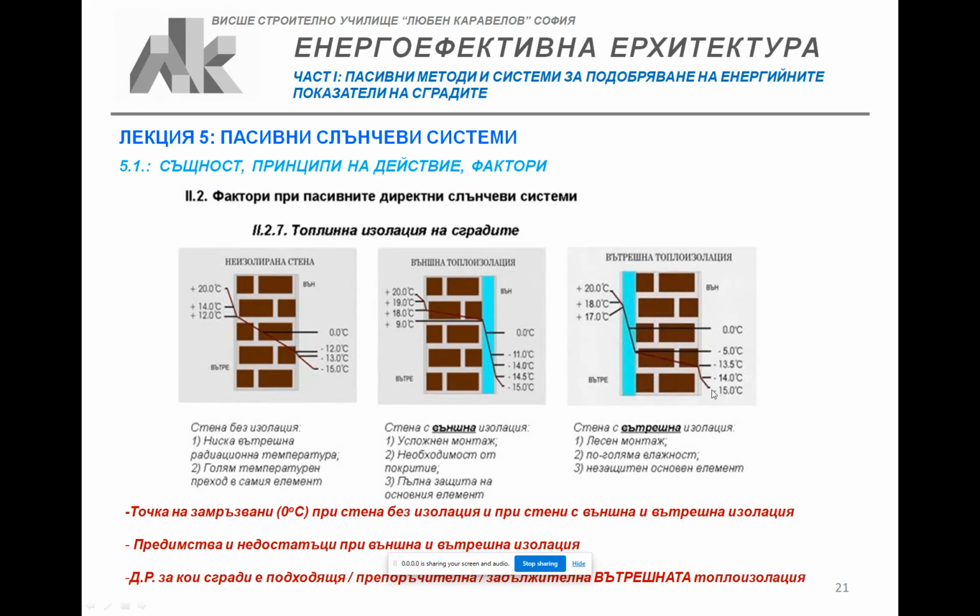However, it's not that good for the wall, because again we have the zero point happening in the main material. Sometimes the main material is still vulnerable to outside destroying processes, and we don't use the thermal capacity of the solid main material of the building element for passive heating of the rooms inside.